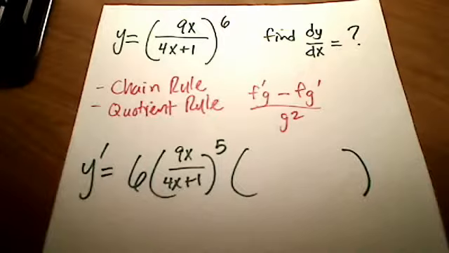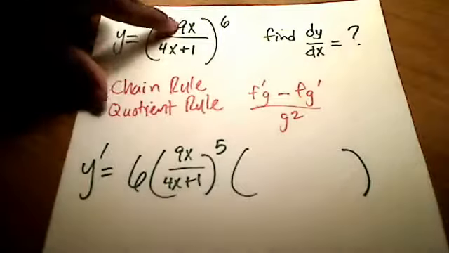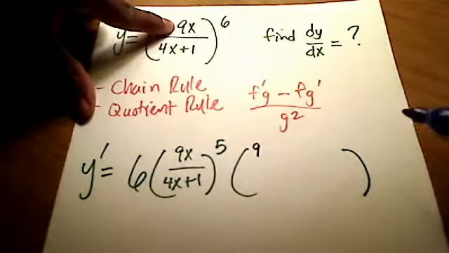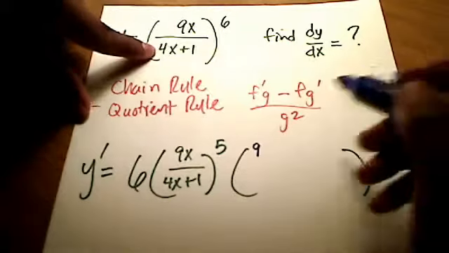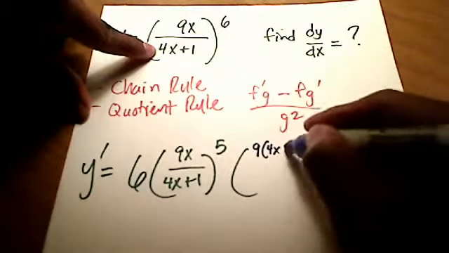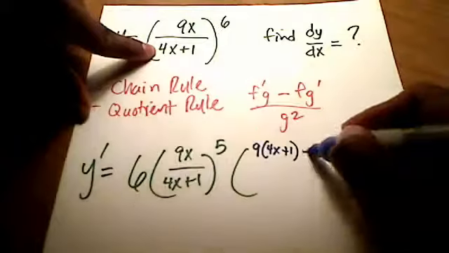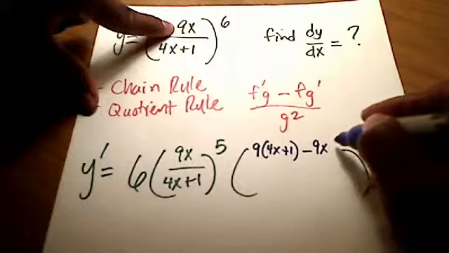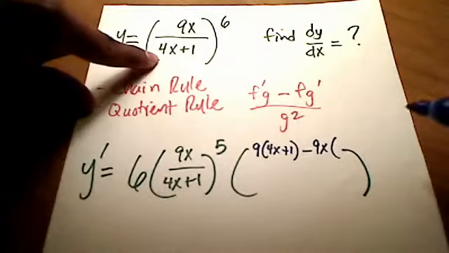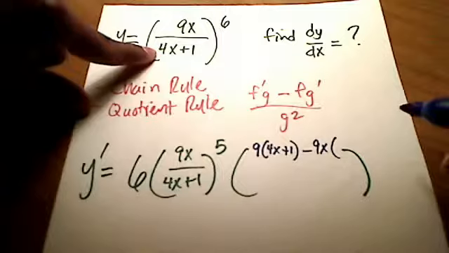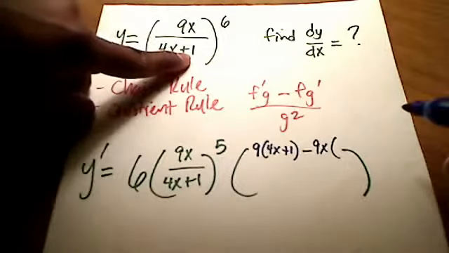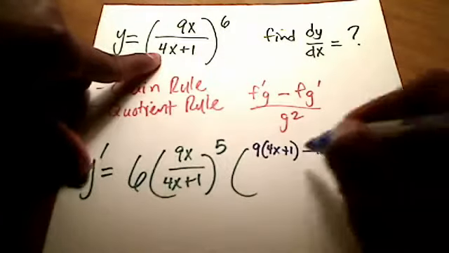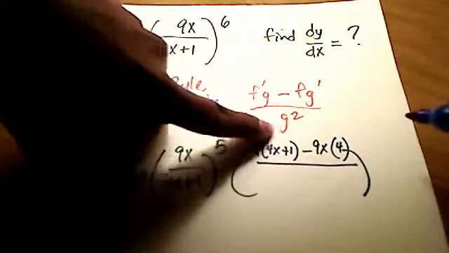So the quotient rule says give me the derivative of the numerator, 9x, which is simply 9, times g, so I'll put in parentheses 4x plus 1, minus f, the numerator 9x, times the derivative of g, which is simply 4, because the derivative of 1 is 0 and goes away, so the derivative of 4x is just 4, all over g squared, my denominator.